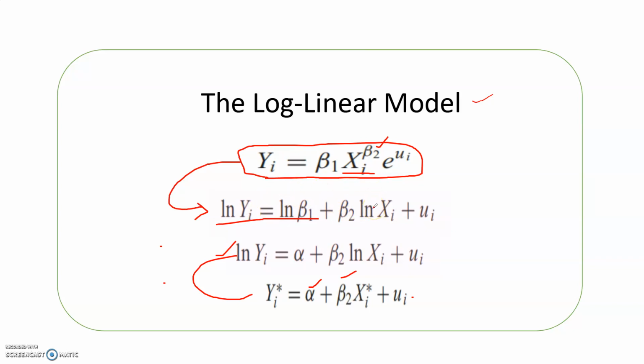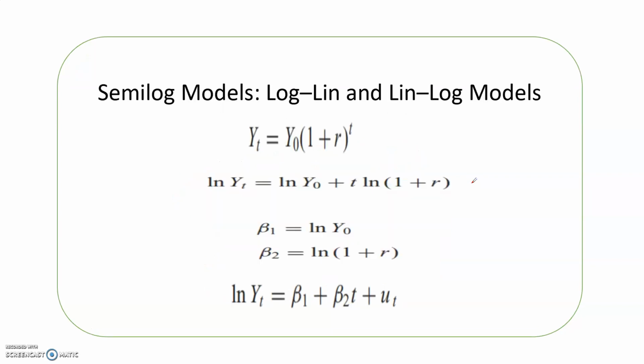Since the elasticity remains the same throughout, this model is also known as the constant elasticity model. Elasticity is the percentage change in y due to the percentage change in x, and it remains constant in the log linear model.